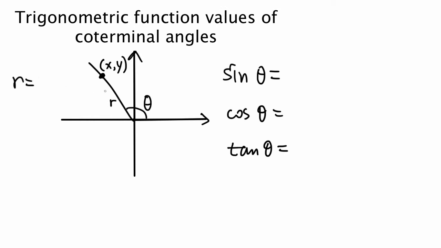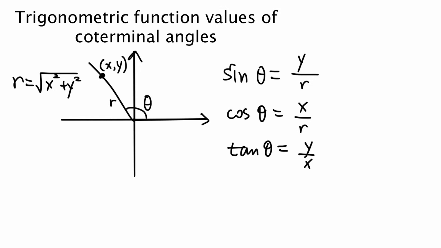The formula relating the r value and the x, y values is this. Sine theta is defined to be y over r, cosine theta is x over r, and tangent theta is y over x. So that's the sine, cosine, and tangent values of theta.